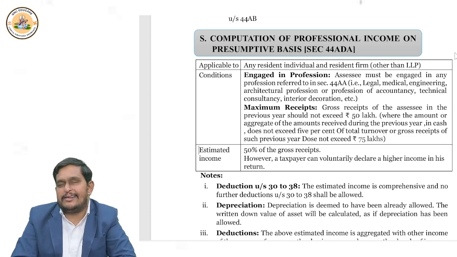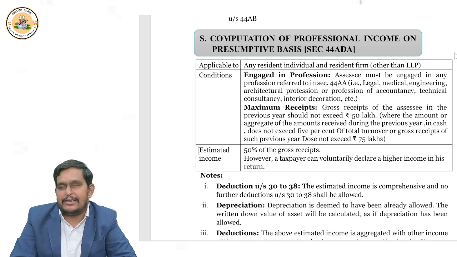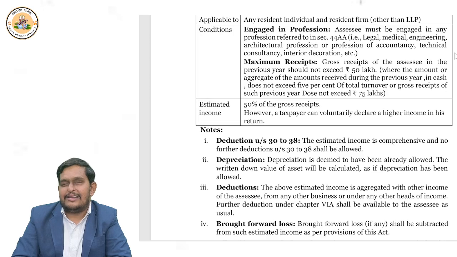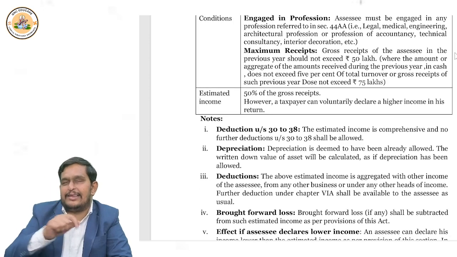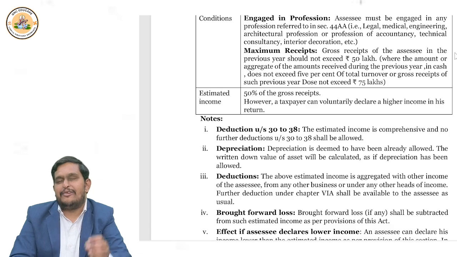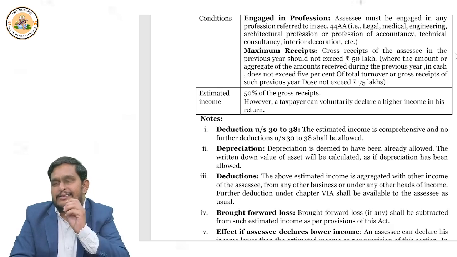Now your gross receipts are within the limit. Then what is the estimated income? Estimated income is 50% of the gross receipts. Professionals work through brain, intellect, thinking, so they don't have much expenditure. That's why government said 50% of the gross receipts is your income.